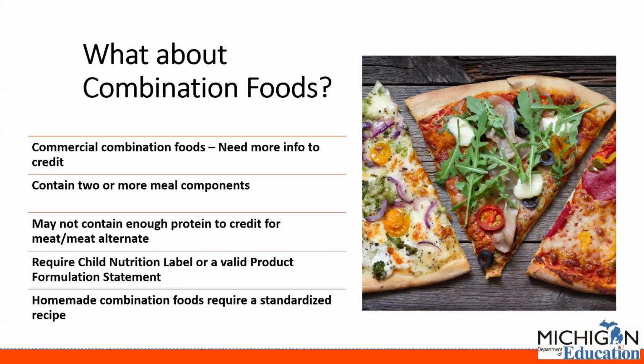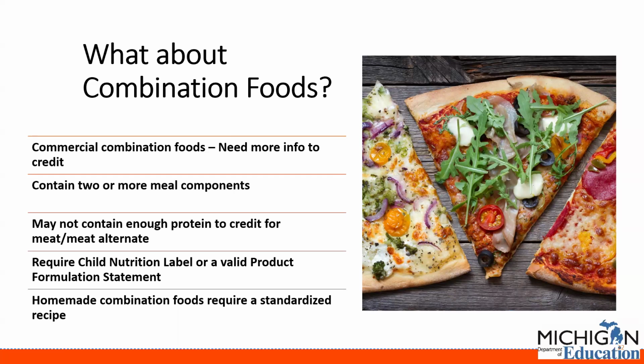Another one that comes up a lot is combination foods. And I talked a little bit about this, but combination foods are ones with 2 or more meal components, such as macaroni and cheese, pizza, meat sauce, chicken nuggets. With the chicken nuggets, you might think, oh, it just counts as a protein or a meat. However, you can sometimes count the breading on there.